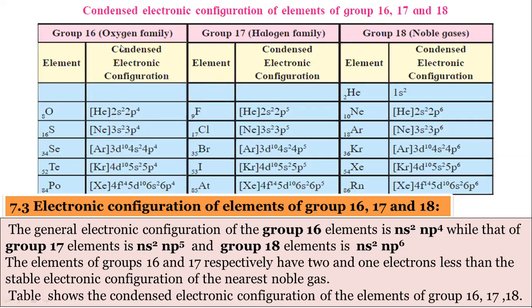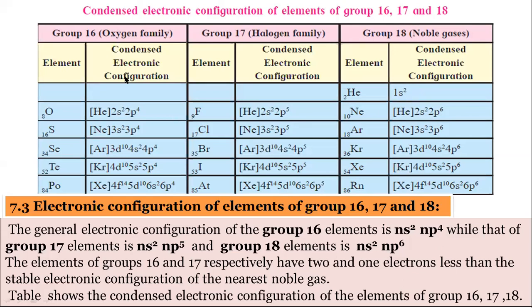So clearly we can see in this table, this is ns2 and np4. So 4 electrons are there in the outermost p orbital. So ns2 np4, this is ns2 np5, and this is ns2 np6. Only helium is exceptional, it is only ns2.